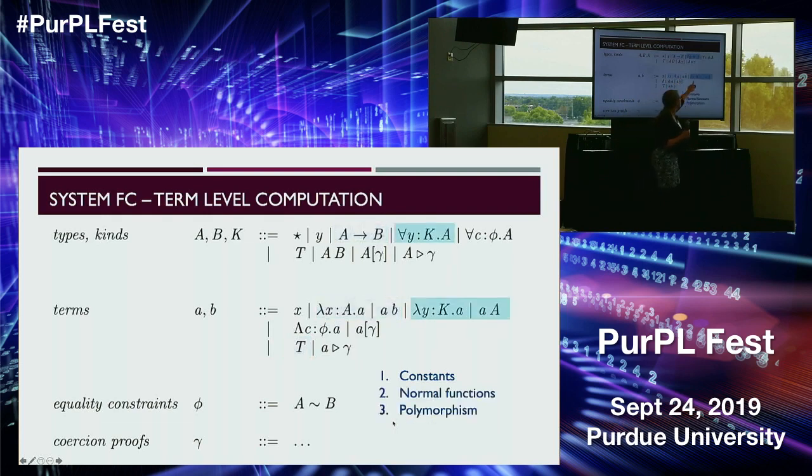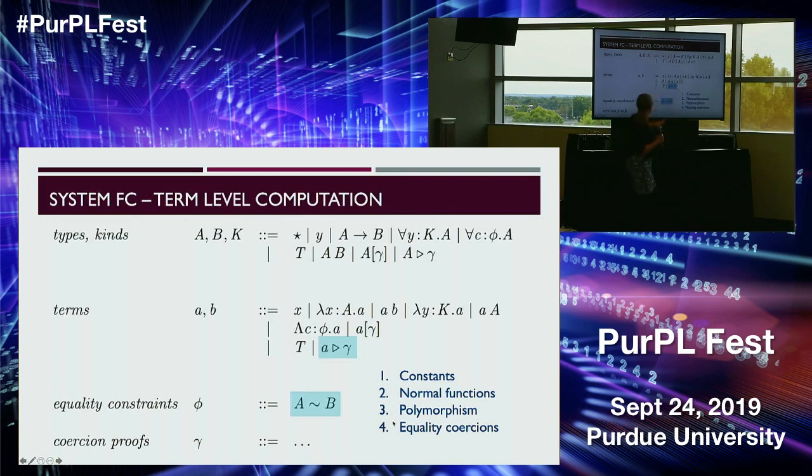We have polymorphism, so we're abstracting over a type variable and applying to a type. It's an explicitly typed language, so in the core language we have to say exactly what type we're instantiating everything at. This is where the equality coercions come in. If we have a term of some type A and we want to change its type to some equivalent type B, then we have to have gamma.